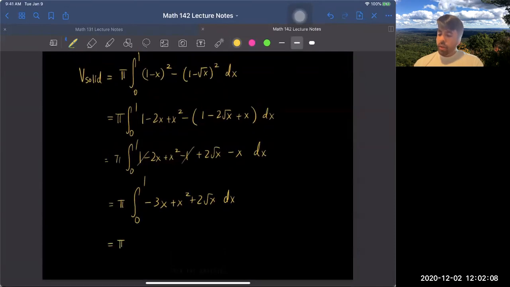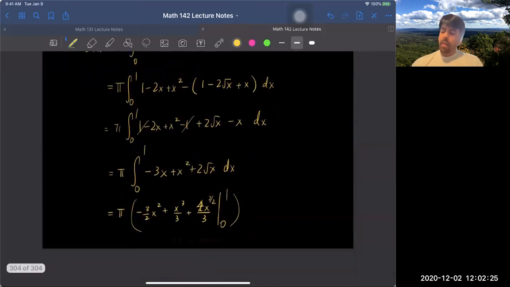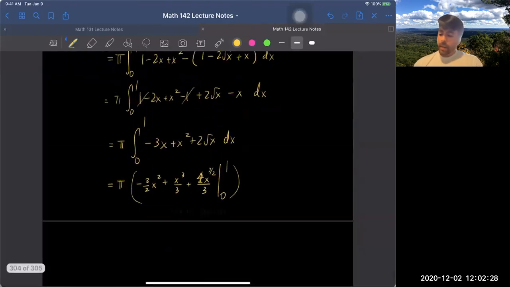Now the integral is going to be negative 3 over 2 x squared plus x cubed over 3, plus 2x to the 3 halves over 3 halves, which will be 4 over 3. And evaluate that from 0 to 1. Plug in 1 and you get negative 3 halves plus 1/3 plus 4/3, times pi. If I plug in 0, I get 0 for everything, so I don't have to worry about that.